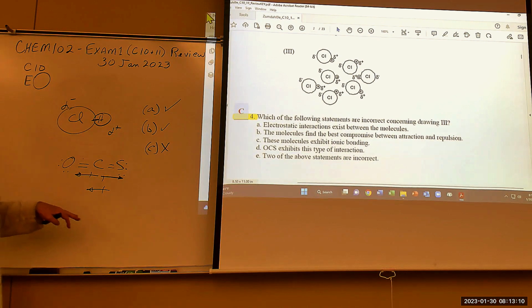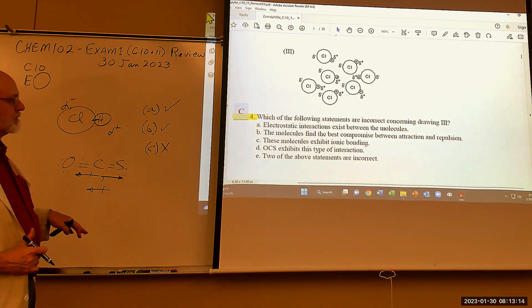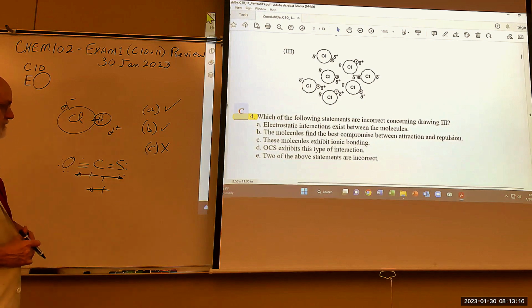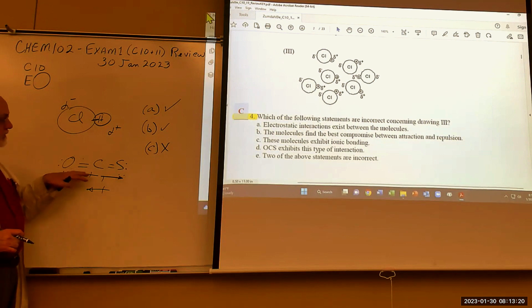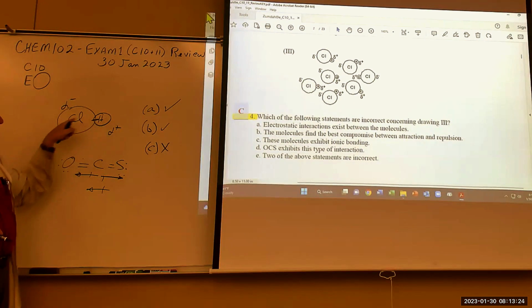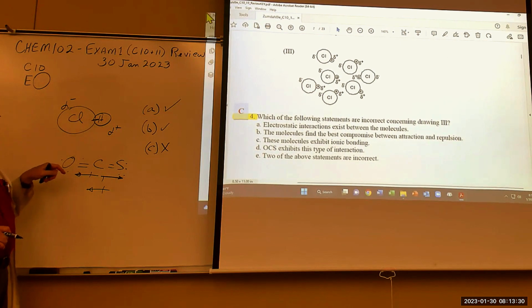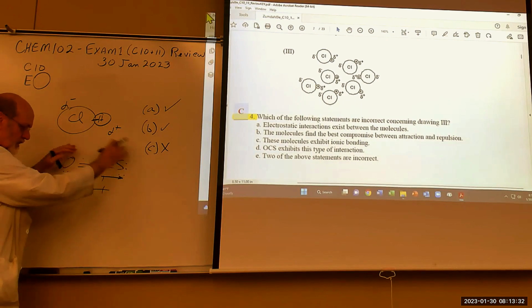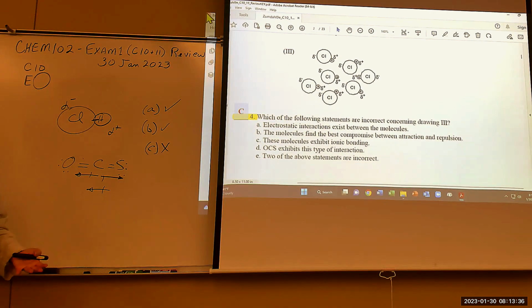Okay. So OCS exhibits this type of interaction. That type of interaction. Yeah, it does. It's a lot weaker than this one because of the difference in dipoles. I mean, the dipole for this bond is much greater than the net dipole for that molecule, but it still exhibits the same interaction.